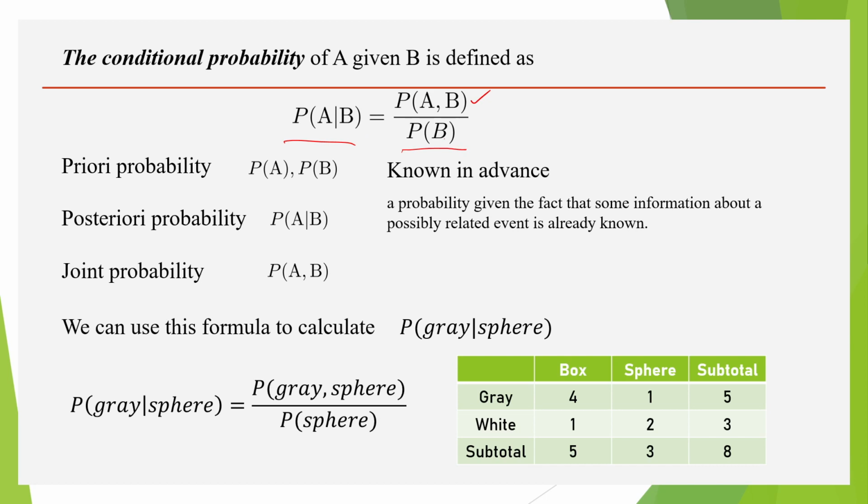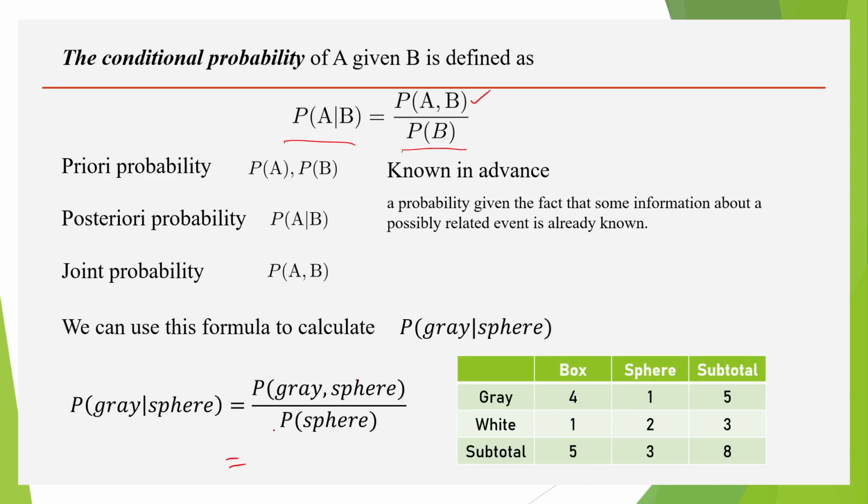So you can imagine that given some knowledge, when we conduct an experiment, we get some information. Given this information, what is the probability of another event?